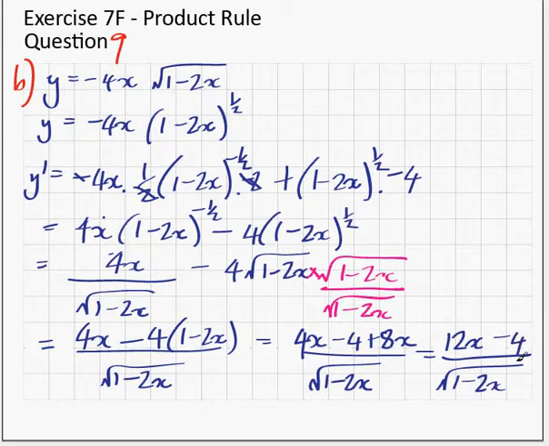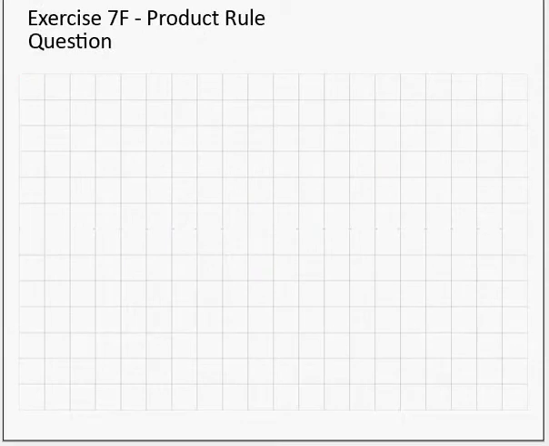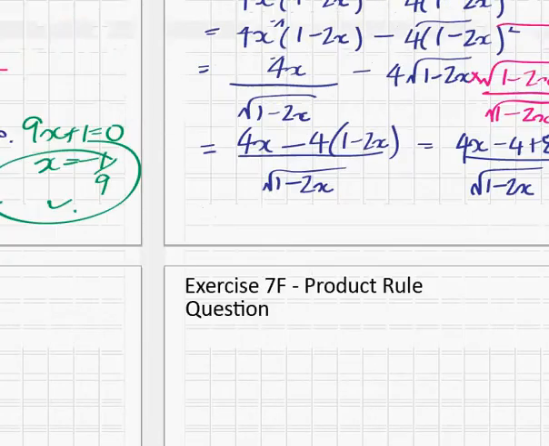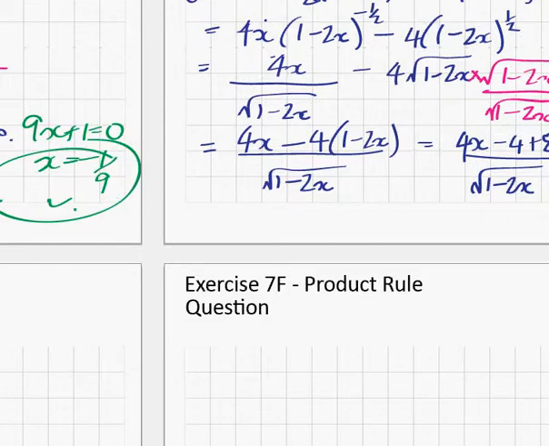So there we go. We're asked to find out where this derivative equals 0. So to do that, we'll just go back here.